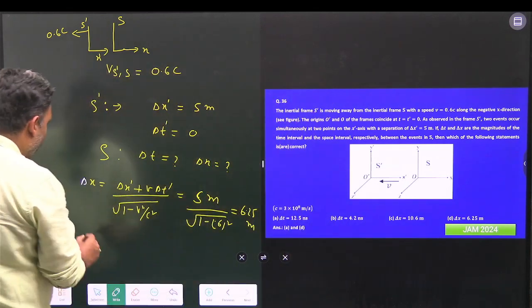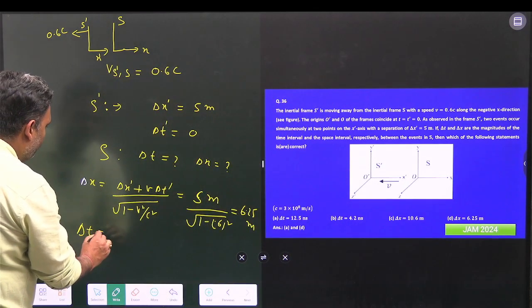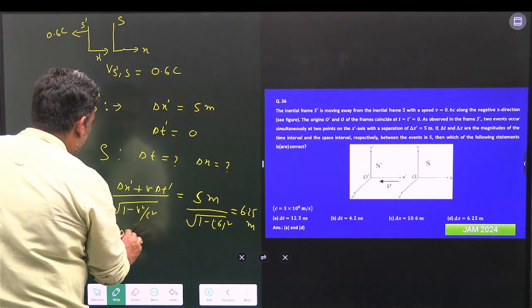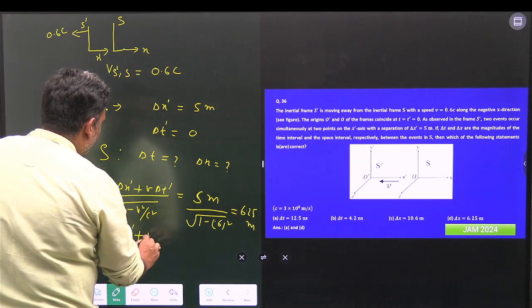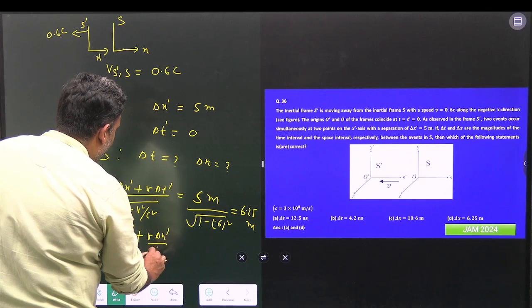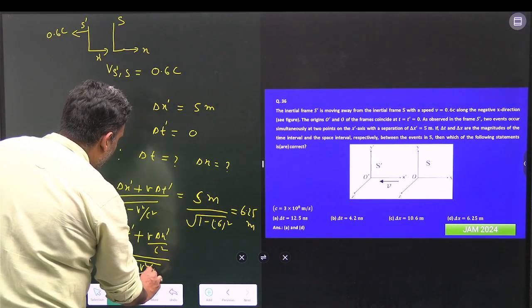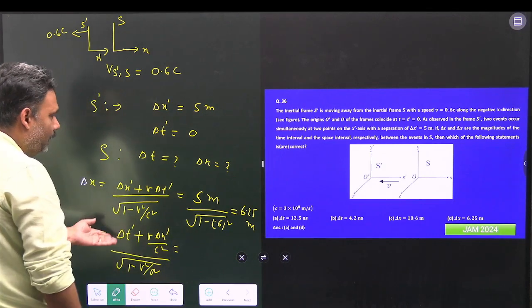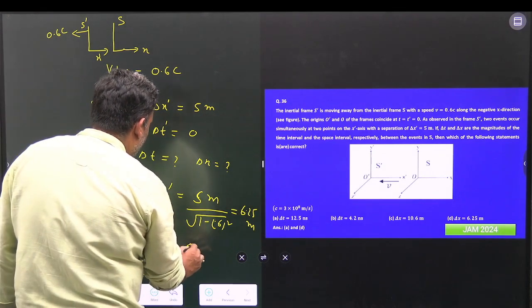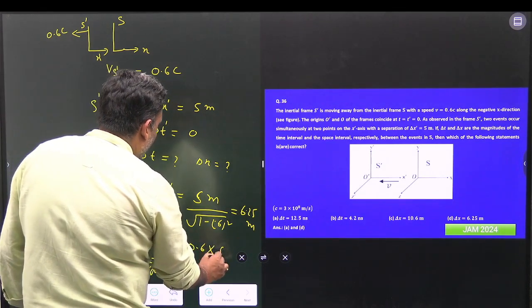Similarly, we can calculate delta t, and delta t is delta t dash plus v delta x dash upon c square, upon root under 1 minus v square upon c square. Delta t dash is equal to 0, v is equal to 0.6c, and delta x dash is 5 meter.